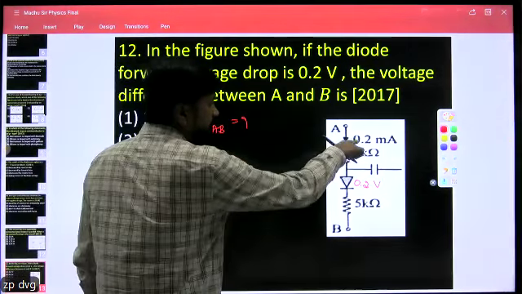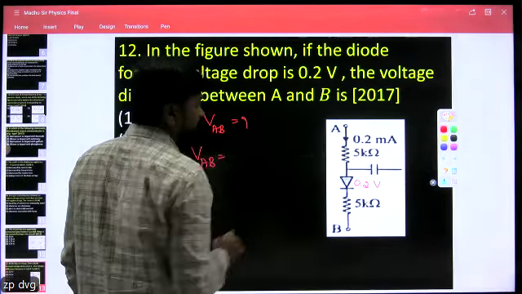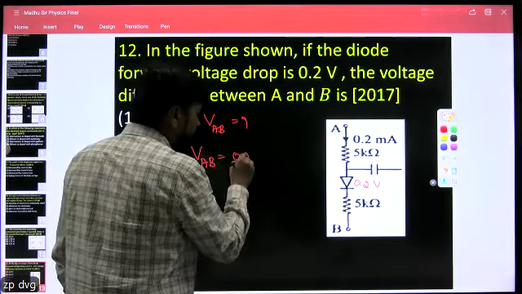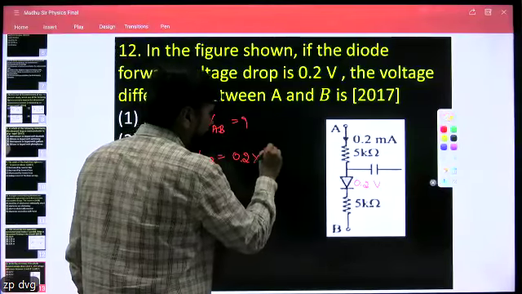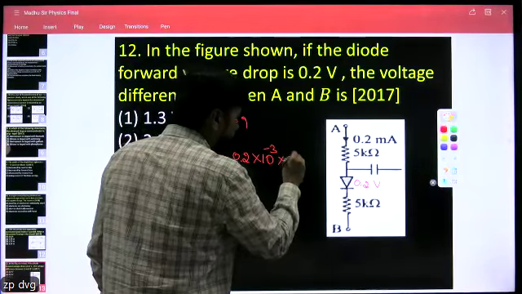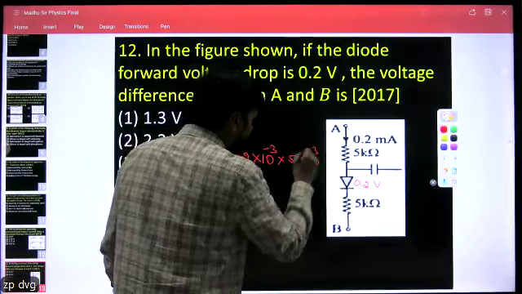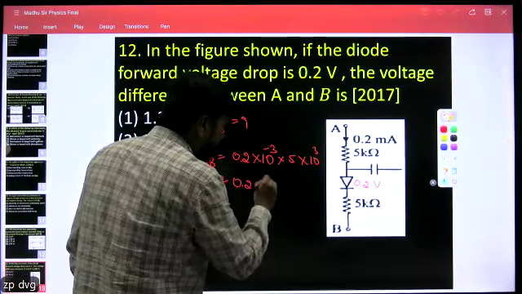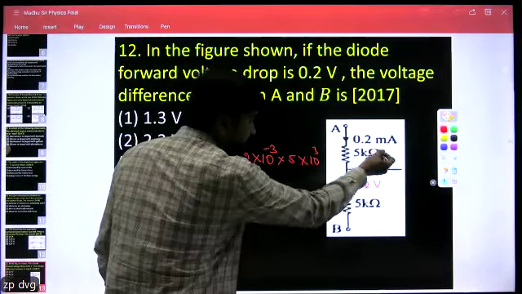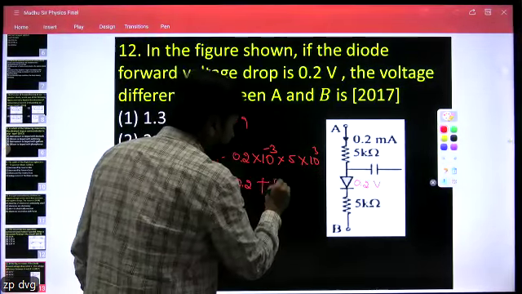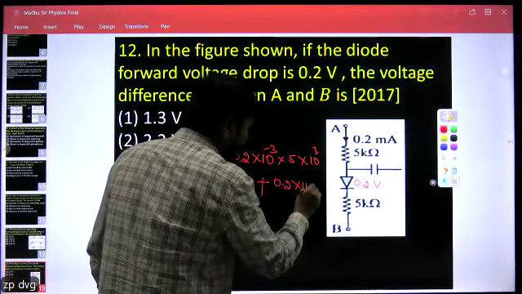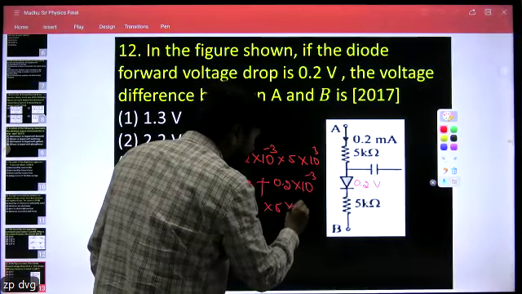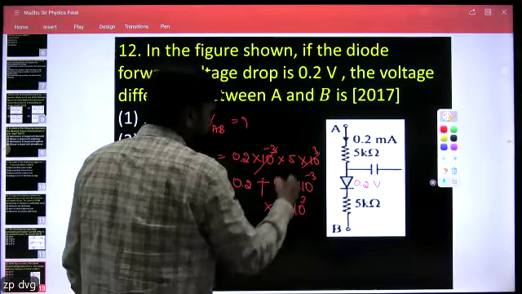VAB is equal to I into R, ಅಂದ್ರೆ 5 kilo ohm ಇದೆ, 0.2 milliampere. Therefore, I into R ಅಂದ್ರೆ 0.2 into 10 power minus 3 into 5 into 10 power plus 3, plus 0.2 volt ಅವರೇ ಕೊಟ್ಟಿದ್ದಾರೆ, plus again 0.2 milliampere into 5 kilo ohm, 0.2 into 10 power minus 3 into 5 into 10 power plus 3. So minus 3 plus 3 get cancelled.